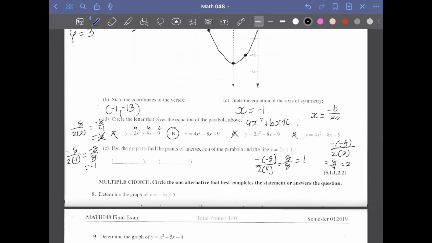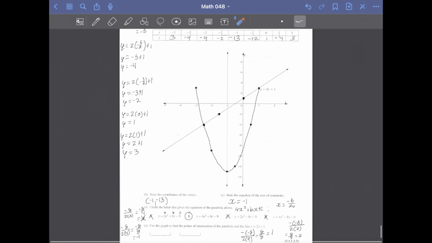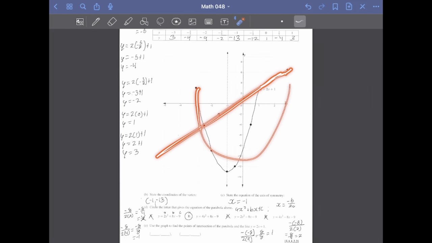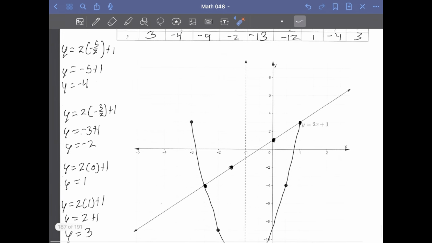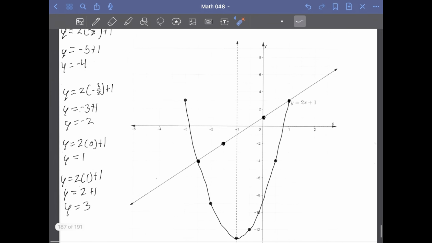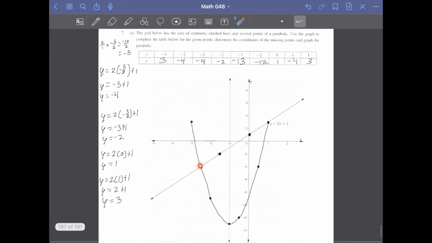Use the graph to find the points of intersection of the parabola and the line 2x plus 1. So this is the line 2x plus 1, right? This is our parabola. So we use the graph to find intersection points. Right here, this is negative 2.5, and we want that in fraction form, so that'd be negative 5 over 2, negative 4.